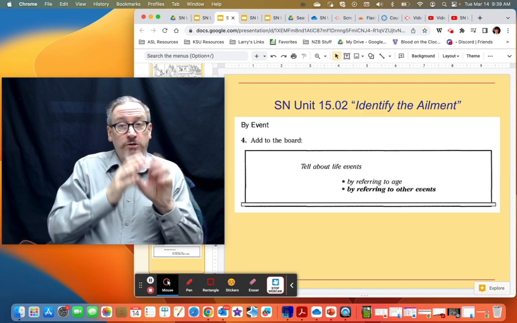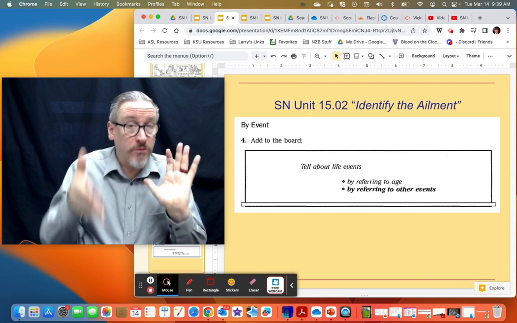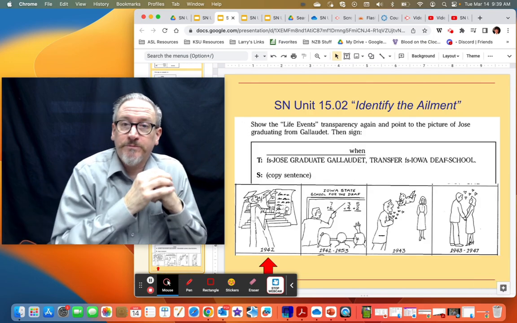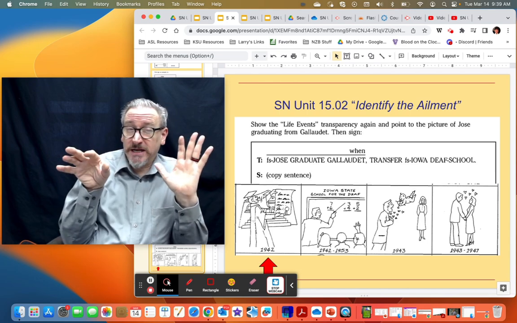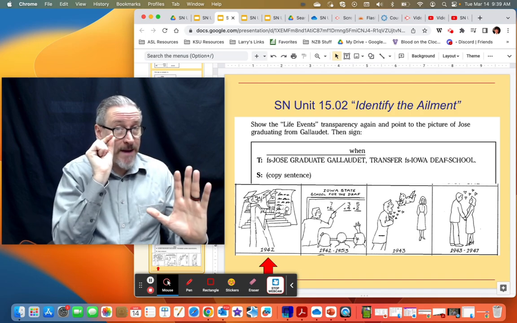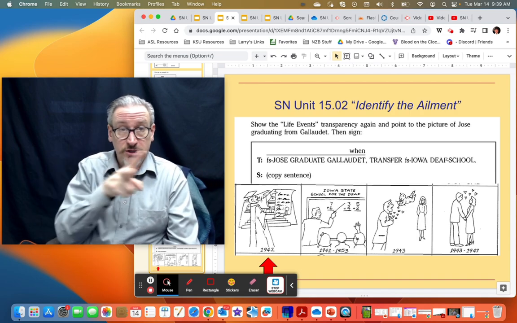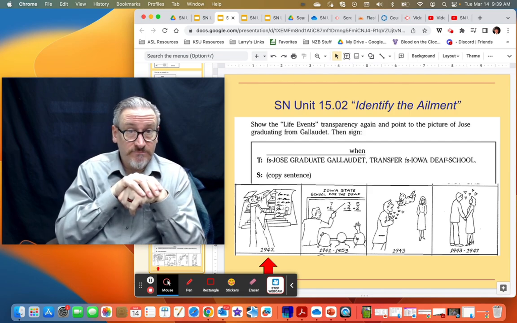So you could refer to things by a sequence of ages. You could refer to things by other events when something happened. So hopefully, you're getting used to reading gloss as well. Graduated Gallaudet. What happened immediately afterwards? He transferred to Iowa School for the Deaf.